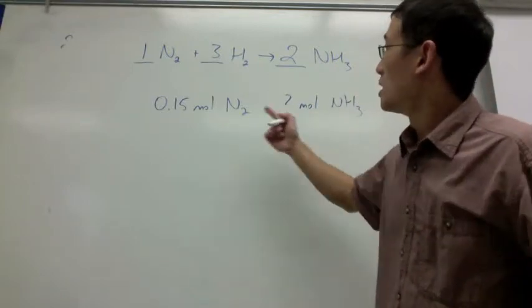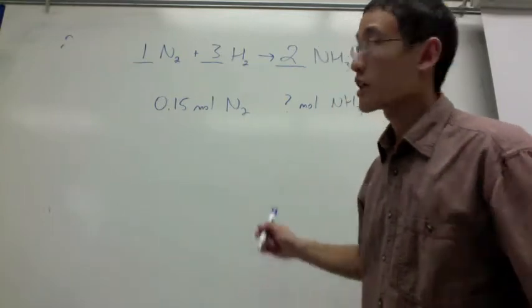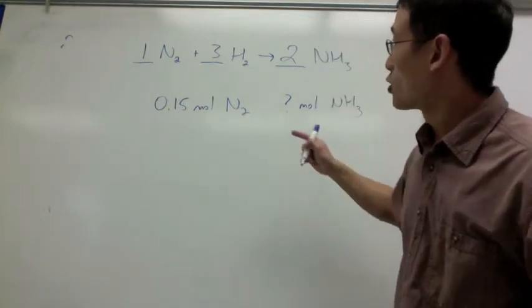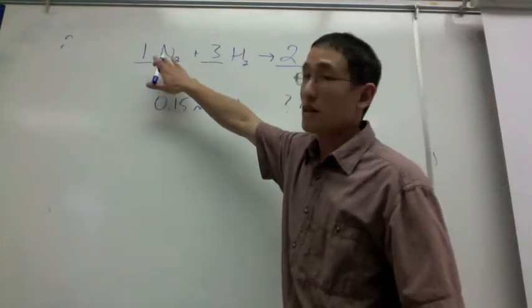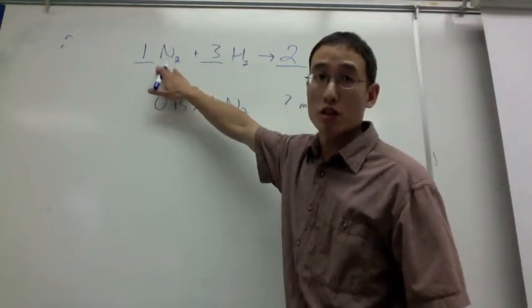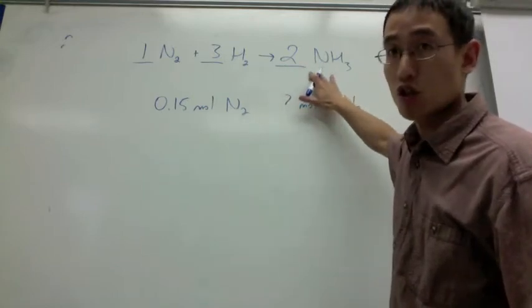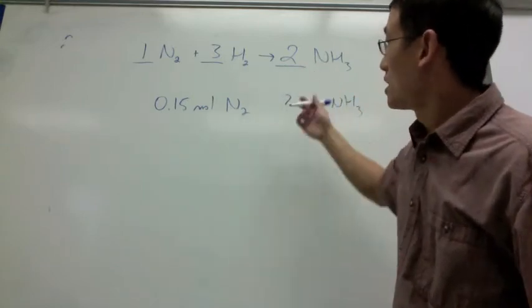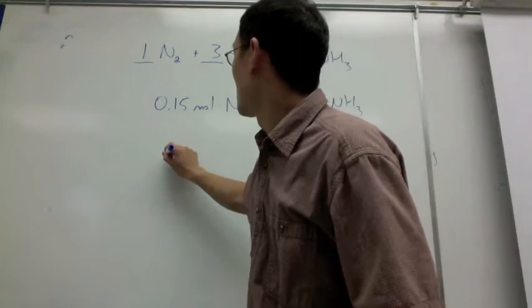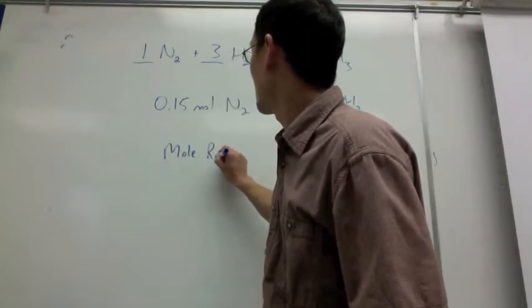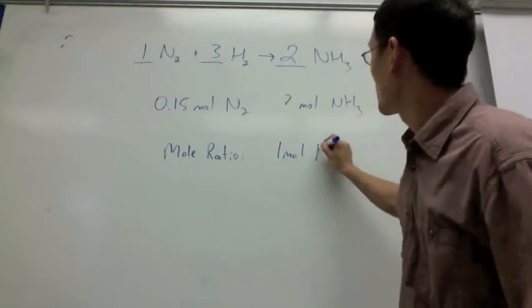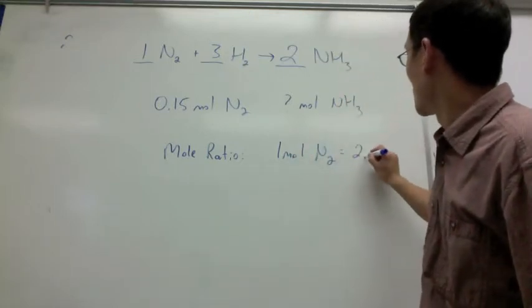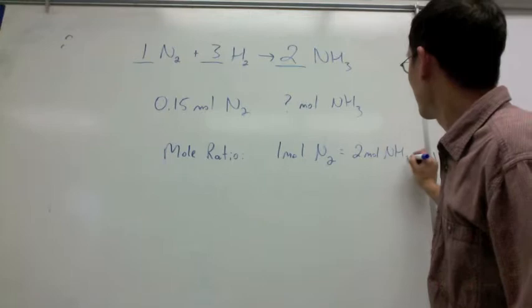Once again, look at your balanced equation. My mole relationship between N2 and NH3 is that for every 1 mole of N2, I'm going to make 2 moles of NH3. So the mole ratio is 1 mole of N2 gives me 2 moles of NH3.